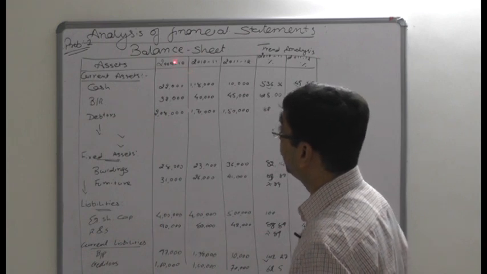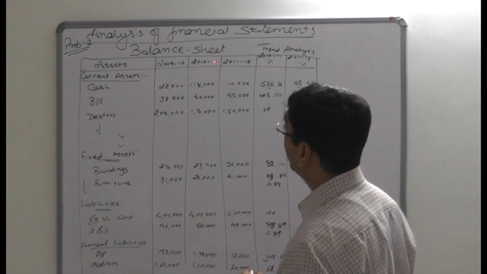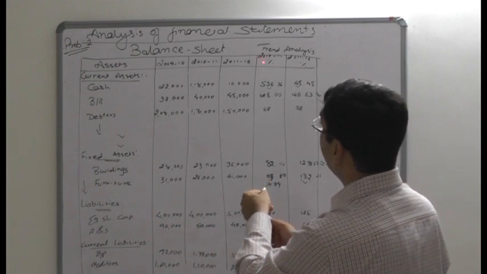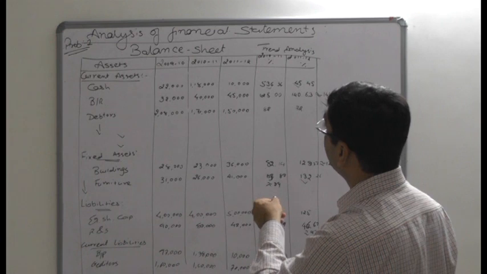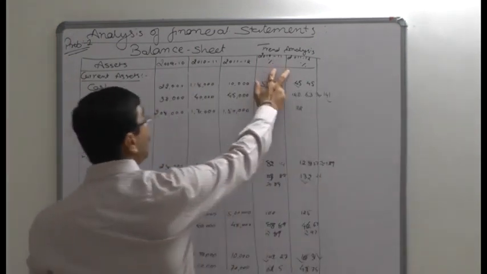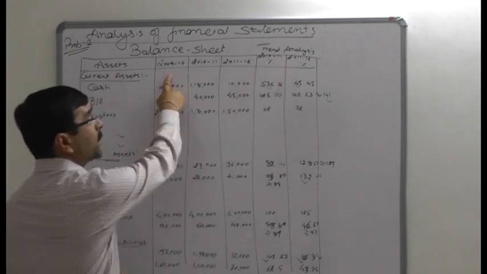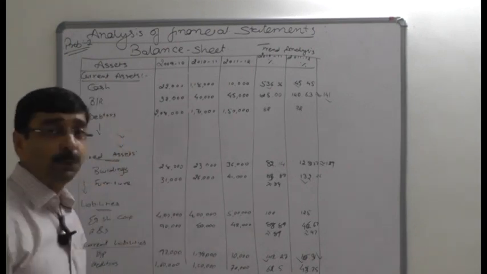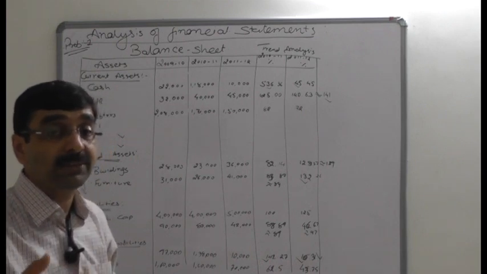On the basis of this base year, we get the 2010-11 and 2011-12 information. So the 2010-11 percentage and 2011-12 percentage are to be found. This is a trend analysis on the basis of the base year 2009-10.